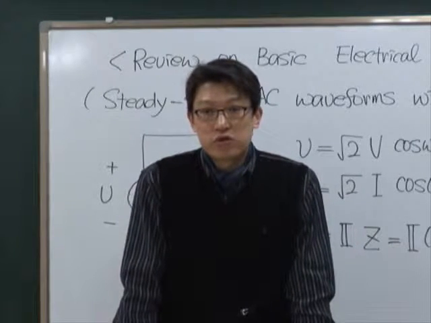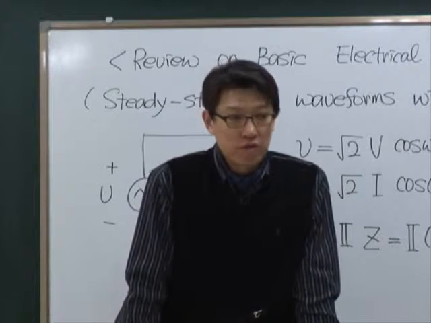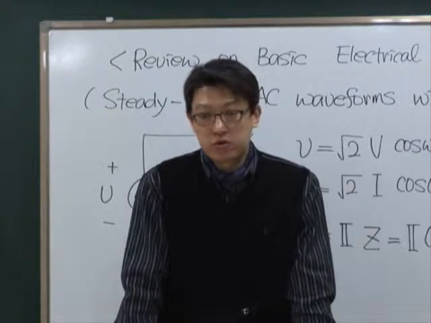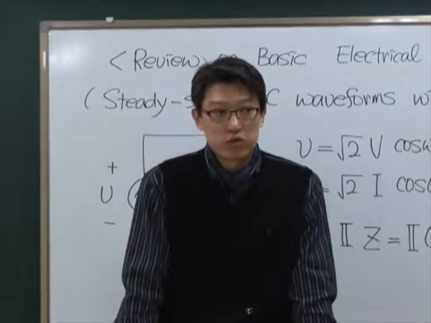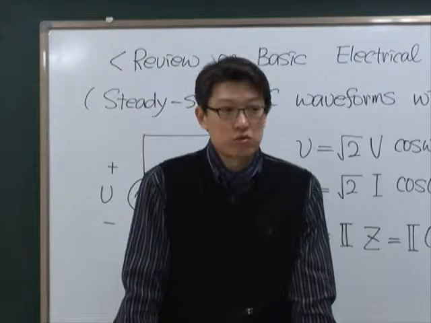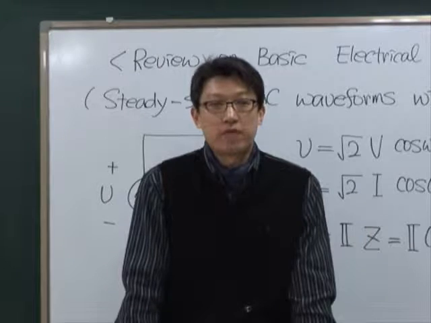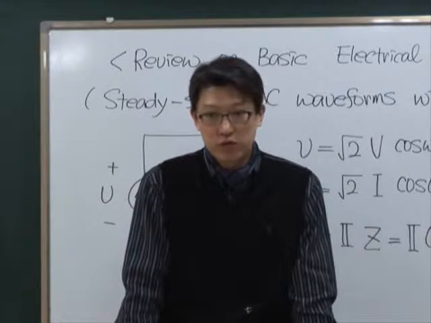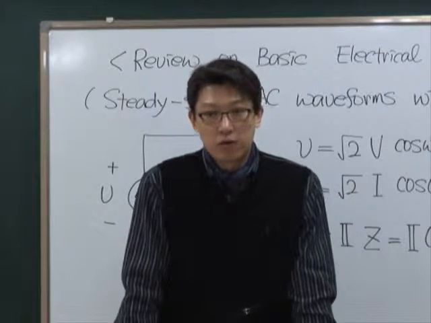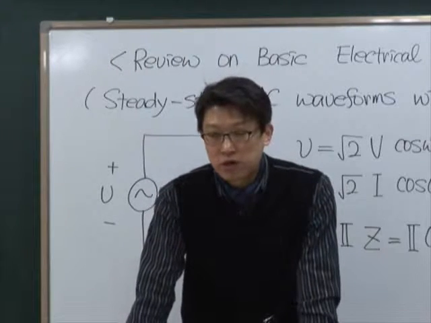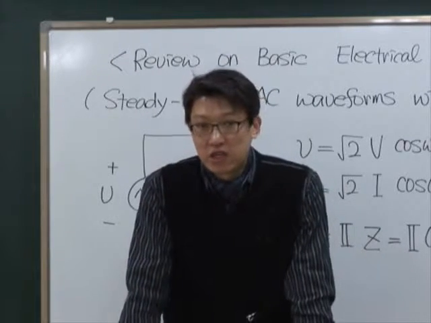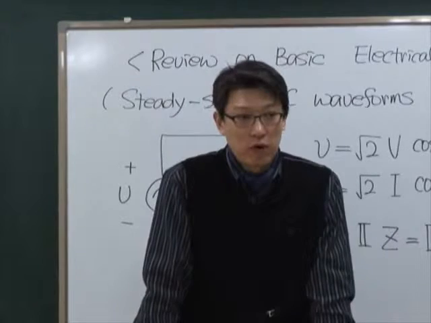Most of the circuit concepts you have learned so far are about sine and cosine. When the voltage source is sine, when the current source is sine, you are all familiar with the concept of sinusoidal excitation. But unfortunately, in power electronics, we are dealing with square waveforms. Why?